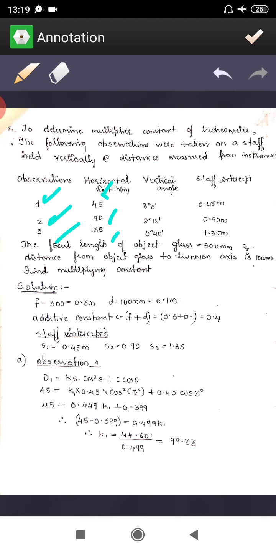If you do that, then you are going to get the different values k1, k2, k3 and s1, s2, s3. Then the average of k and the average of c you are supposed to get. Those will be your k and c values.